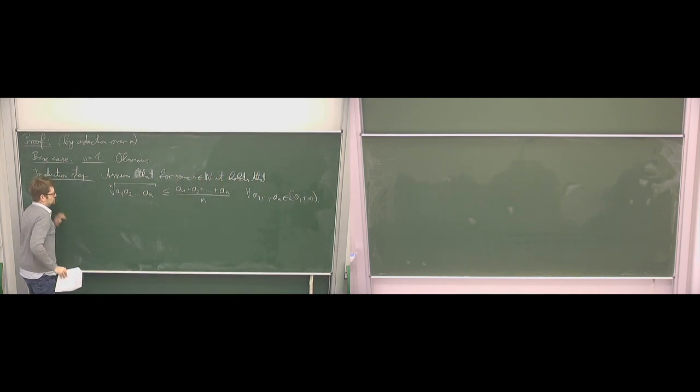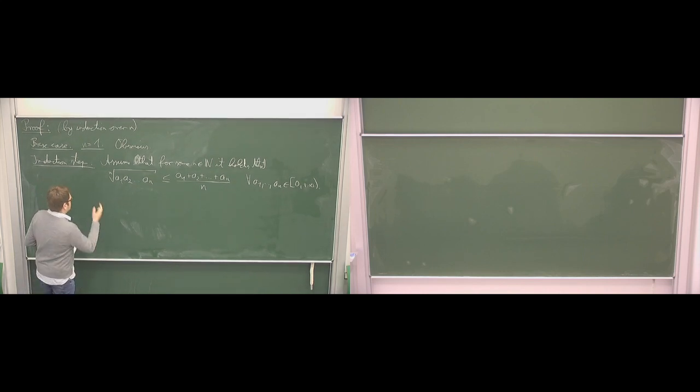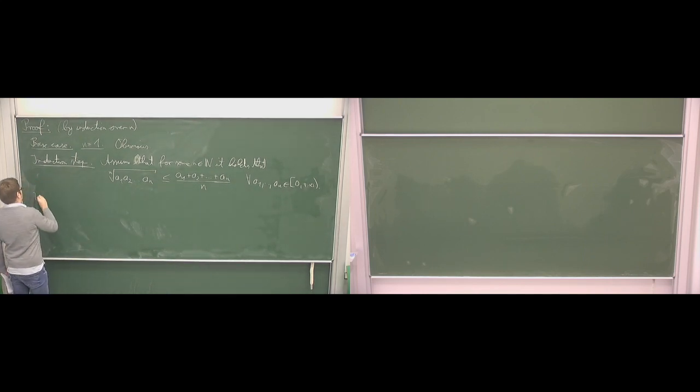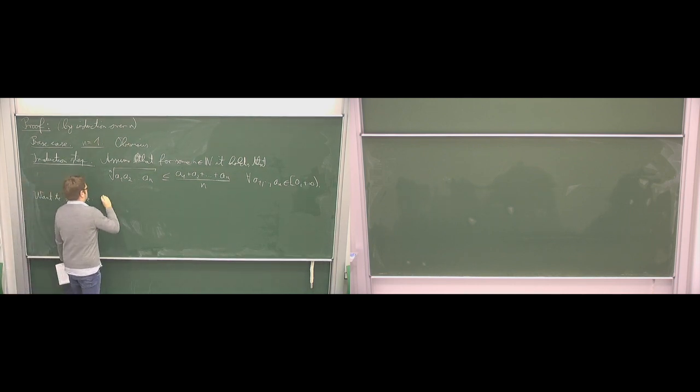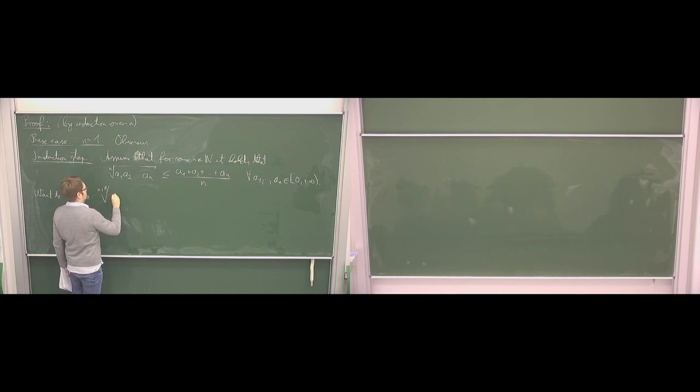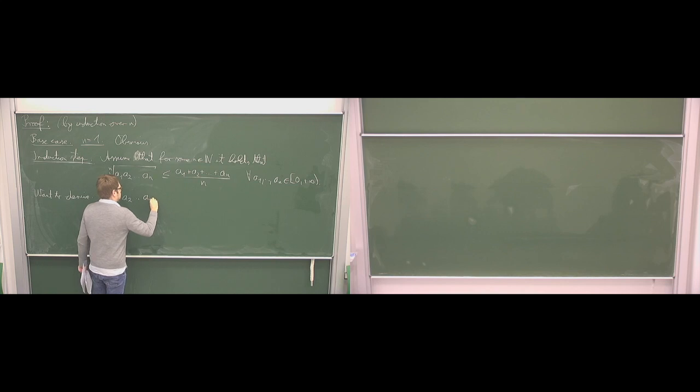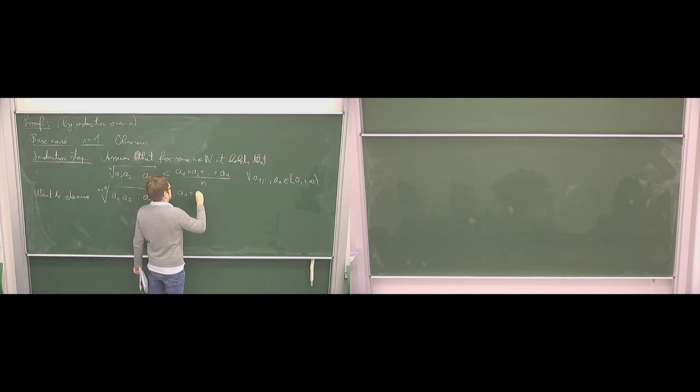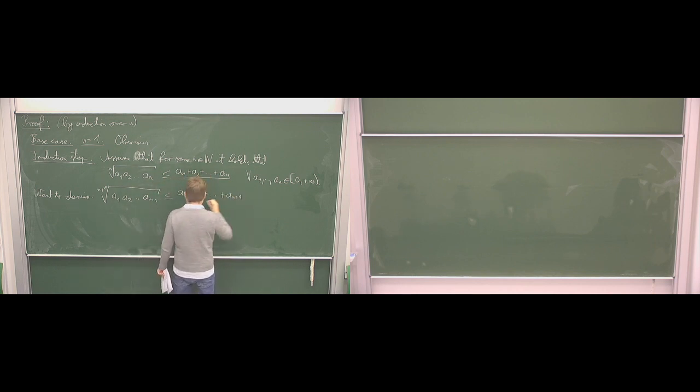Okay, and now to make this explicit, what do we need to show? So we need to show the statement for n plus 1. So we want to derive that the n plus first root of n plus 1 numbers, a1, a2, until an plus 1, is smaller than or equal to a1 plus a2 plus and so on plus an plus 1 divided by n plus 1.